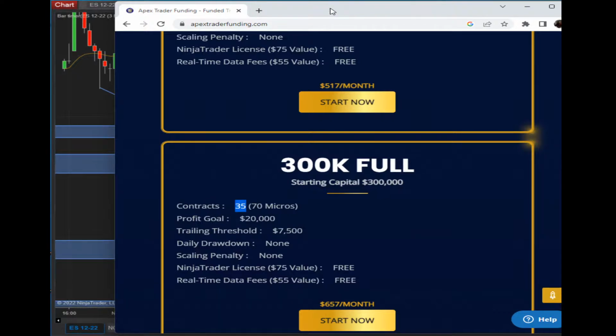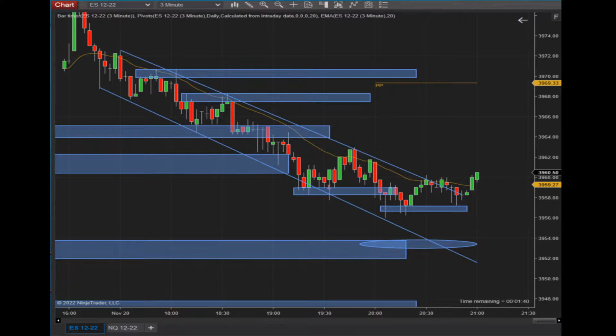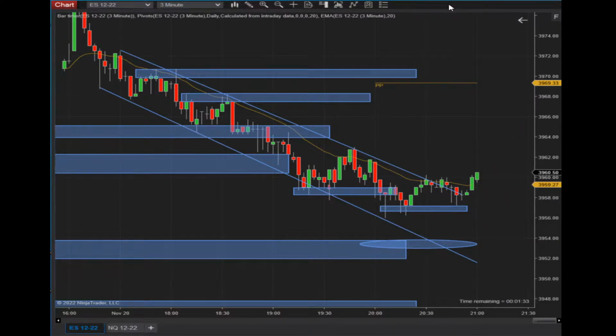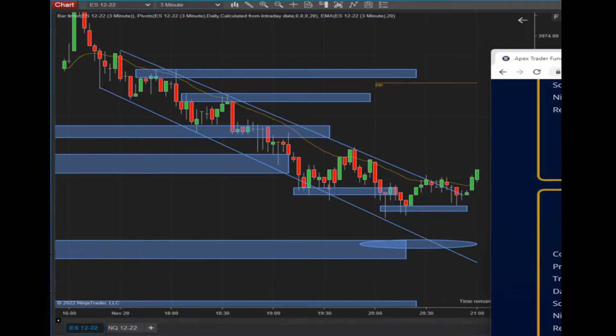So if you traded, let's just say you traded 30 contracts and you made 1 point, that's $1,500. But if you lose the 2 points, then it's $3,000. But you have bigger losses that you can take with that size of a combine. You can lose $7,500, but your profit goal is 20,000.